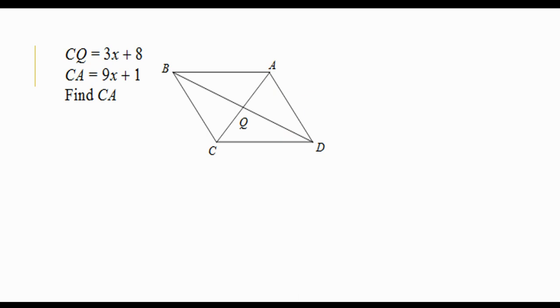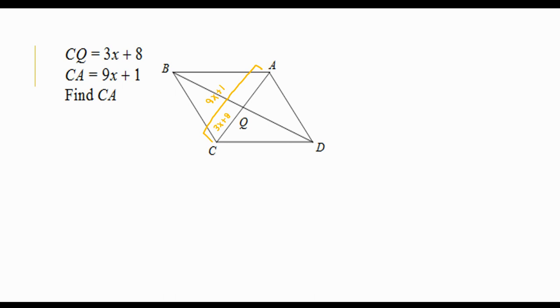All right, if we look at this information, I'm going to mark stuff up in my picture. So we're given that CQ is 3x plus 8. We're given that CA is 9x plus 1. And they want us to find the length of CA.